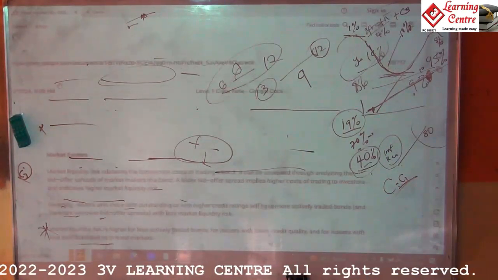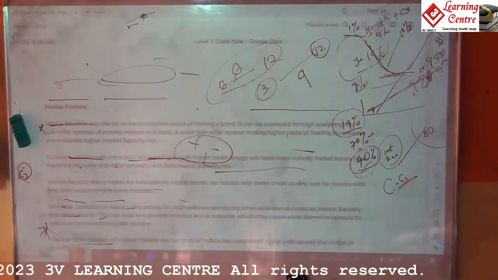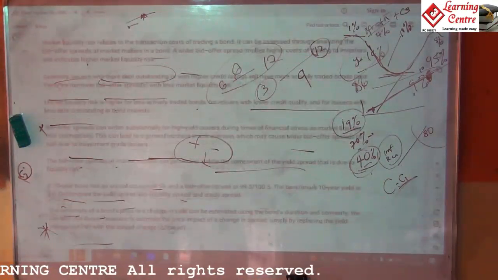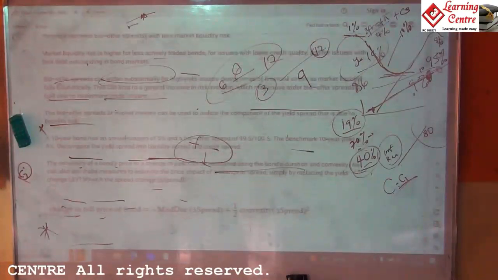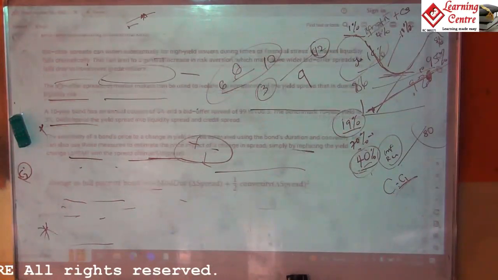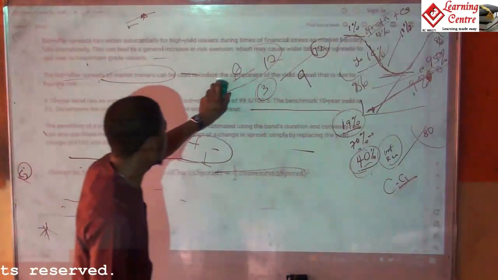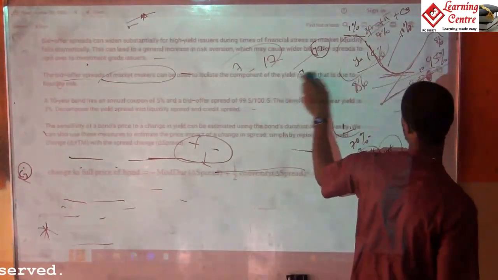So market factors, liquidity risk, possible cost of credit widening, all our credit spread, and the likes. So look at this. Look at this question.